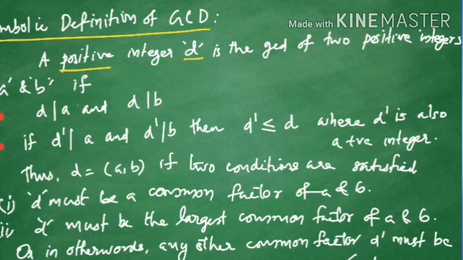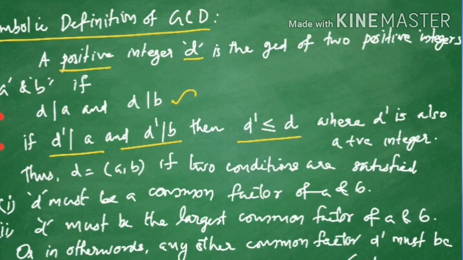The integer D must divide A and D must divide B. If A and B have any other common factor, then that common factor should be less than D. Mathematically, if D dash divides A and D dash divides B, so D dash is a common divisor of A and B, then D dash must be less than or equal to D. Then only will the positive integer D be the GCD of A and B.